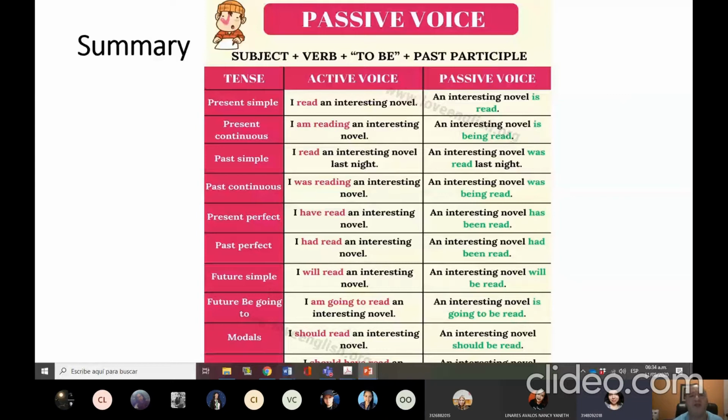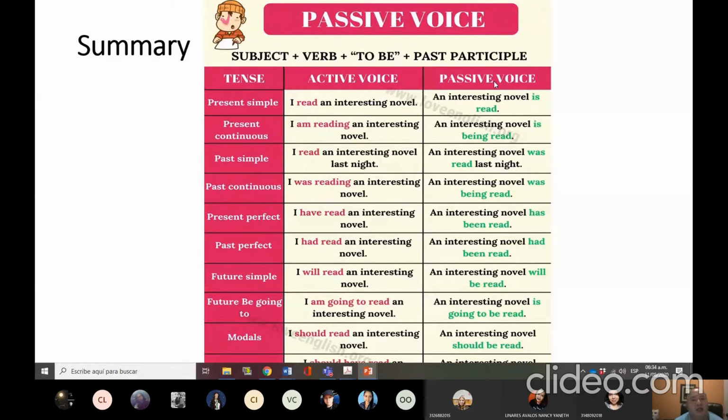So, the first question is, how and when do we use passive voice in English? If I have the sentence, simple present, I read an interesting novel, the focus on the active voice is the subject, the doer of the action. I read the interesting novel. But if I'm not interested in specifying who read it, I will use passive voice.